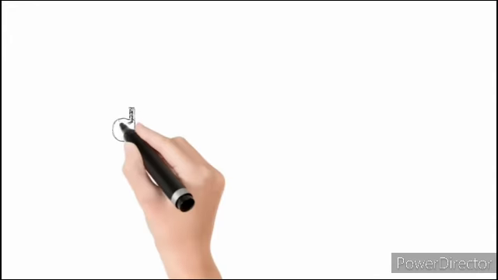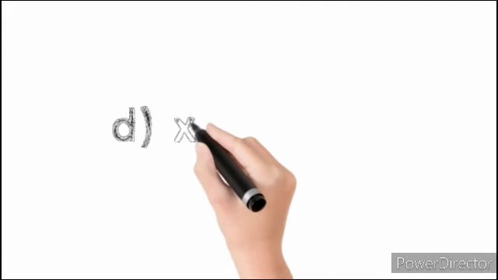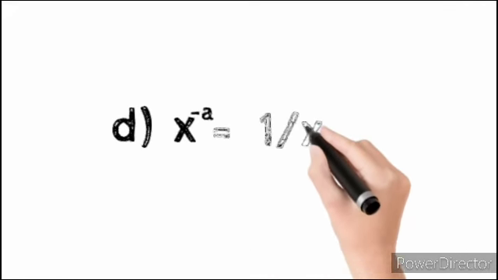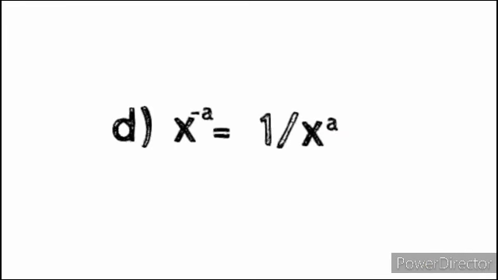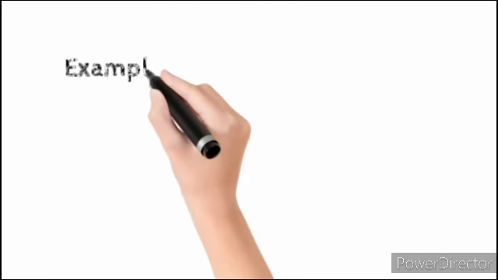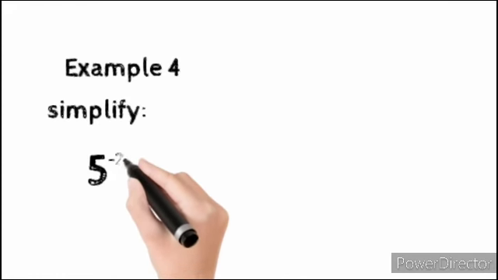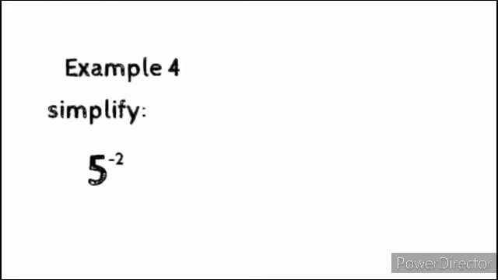Okay, the fourth example. Under the fourth law, which says x raised to power minus a equals 1 over x raised to power a, the question says 5 raised to power minus 2.